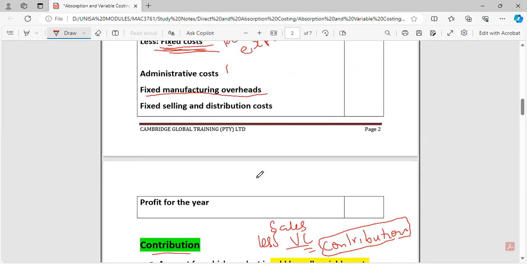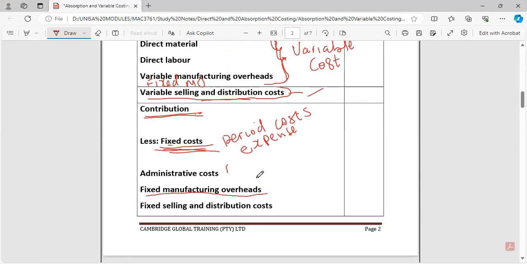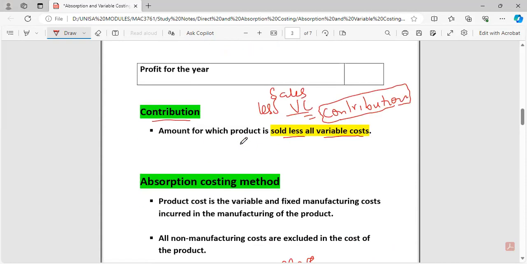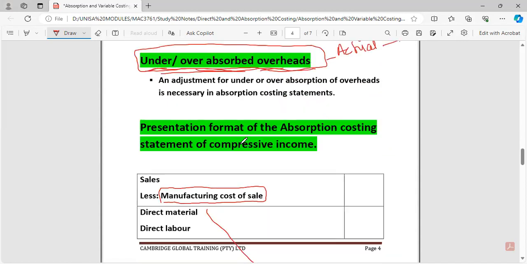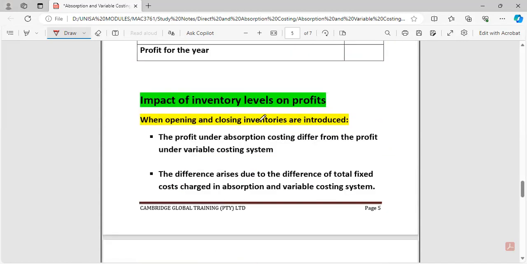Then when we are using absorption costing, if anything is manufacturing, then it's going to be part of it. So that's the difference. All fixed costs, even manufacturing ones, are not going to be part of the cost of the product under the direct costing system. Right. So that's basically how it works. Let's look at this part.